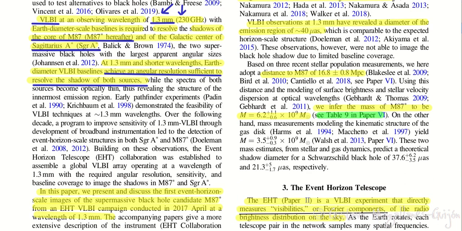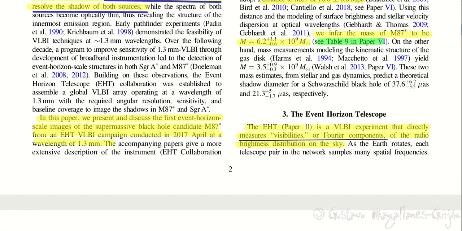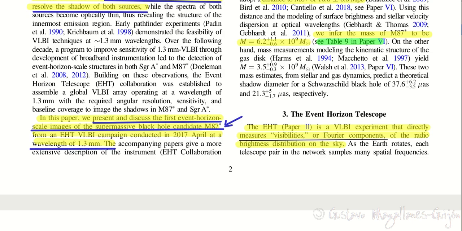The two sources are Sagittarius A and M87. The authors tell us that in this paper they present and discuss the first event horizon scale image for the supermassive black hole candidate, M87, at these wavelengths.